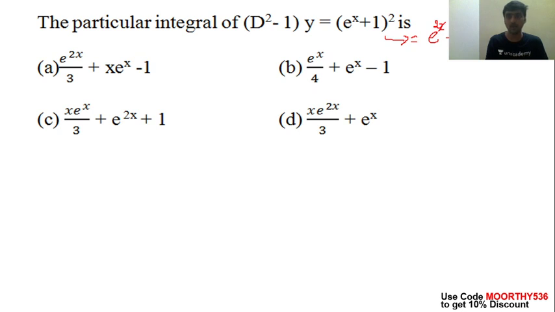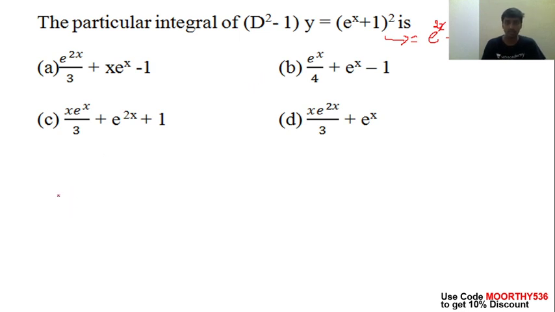Now we are having these values, and we are discussing them one by one. It is like e power 2x plus 1 into e power 0x plus 2 into e power x.